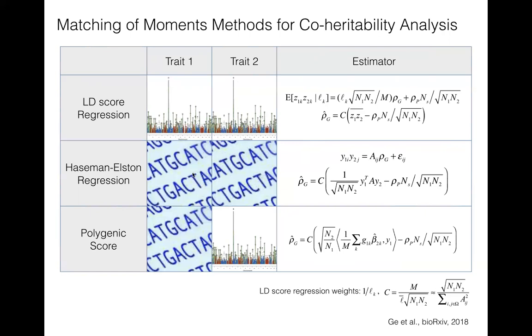If you have individual genotype data for both traits, we can do Haseman-Elston regression and also have this closed form co-heritability estimator. And there's a third case.